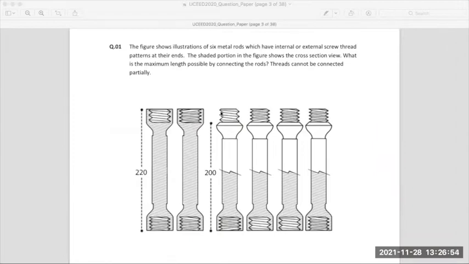In these kinds of questions, you have to start with counting how many different types of threads are given to you, and what fits into what threads. What are the open threads? What are the internal threads? What are the external screw threads that are given to you?